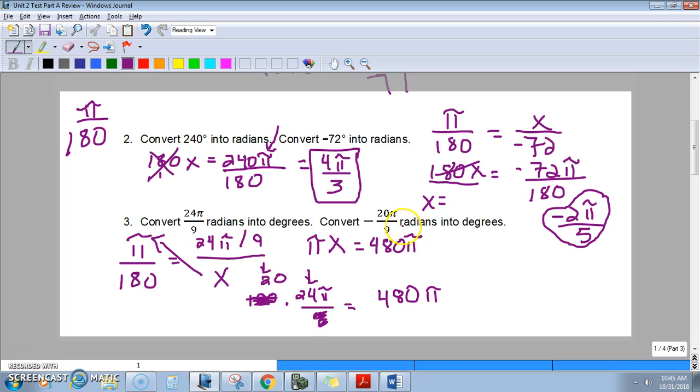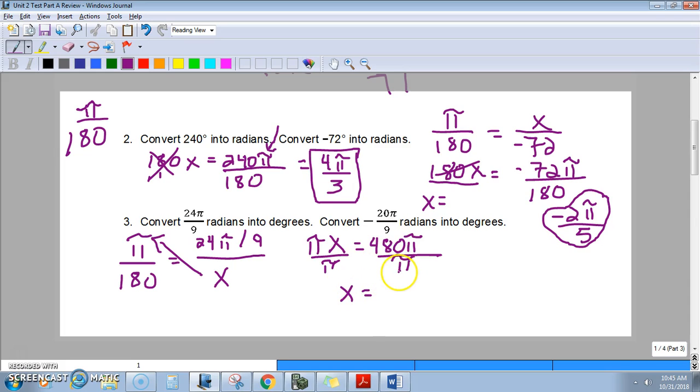Okay, I'm going to erase some of this to give me space, so if you haven't written it down, press pause. All right, so now all we have left to do is just divide both sides by pi, and our pi's cancel out. So remember when we were converting the other direction and I said you're going to almost recognize you have the right answer because it's going to have a pi in it?